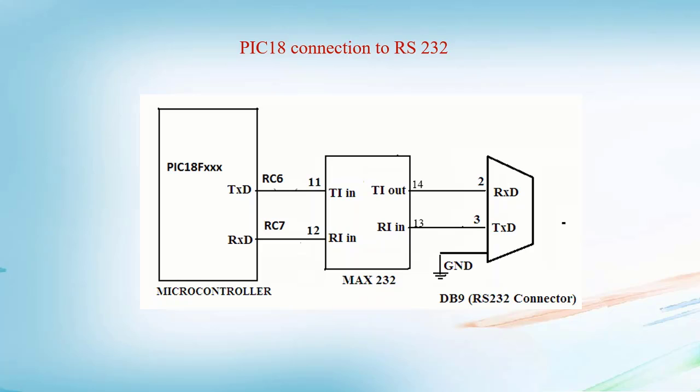These two pins are called TXD and RXD and are part of the port C group, RC6 and RC7 of the 40-pin IC. Pin 25 of the PIC18, RC6, is assigned to TX and pin 26, RC7, is designated as RX.